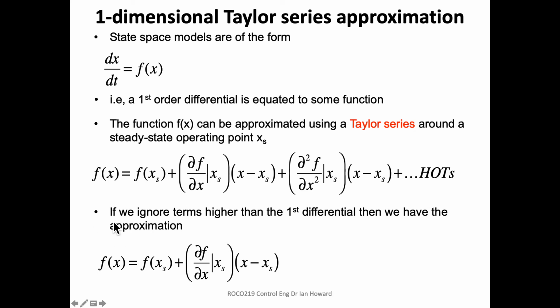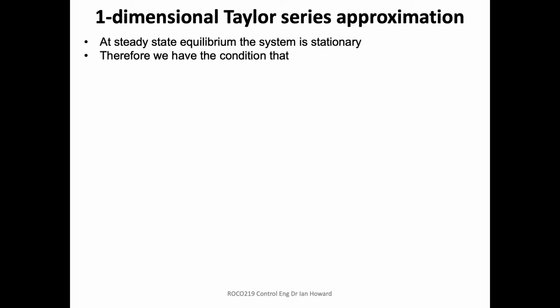We end up with a function of x given by the function value at this point xs plus the gradient at that point multiplied by how far we are away from that point, right? So that's the first thing. Now, we've already said we're interested in doing things at equilibrium positions. And at equilibrium positions, we know that our function is actually going to be 0, right?